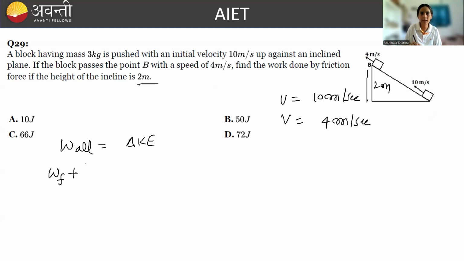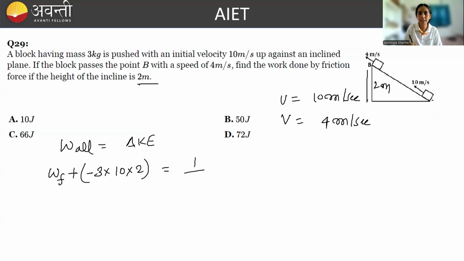And work done by gravity can be written as what? So basically, when it is going from A to B, it has risen by a height of 2 meters. So work done is equal to how much? Negative of, why negative? Because displacement is in upward direction, gravitational force is in downward direction. So mass is 3 kg, g is 10, h is 2 meters. So this is this.